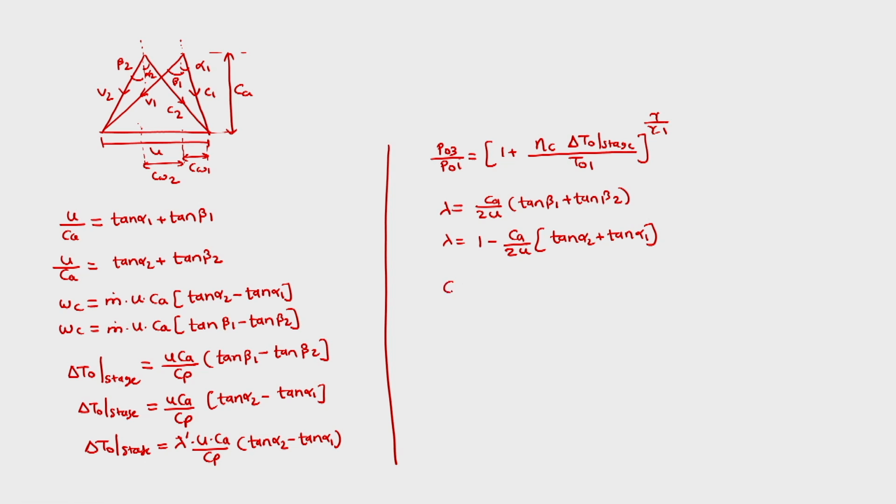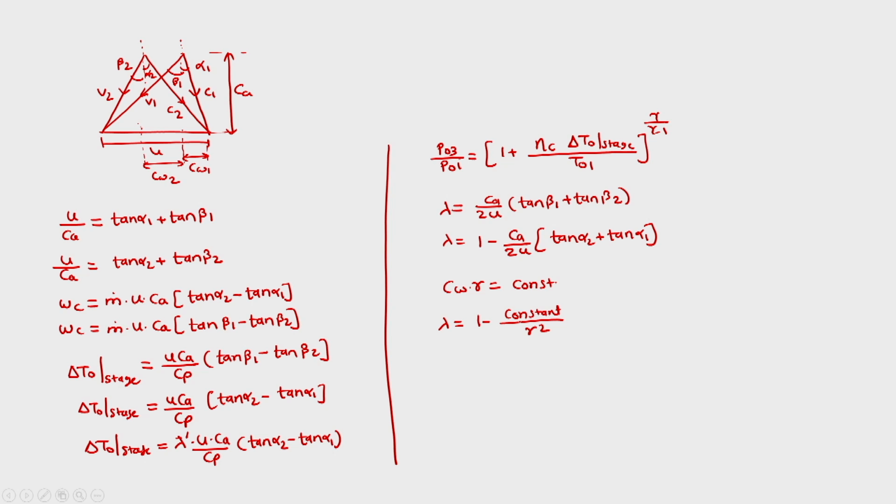Free vortex theory says that CW into R is equal to constant, and as per that theory we have degree of reaction equal to 1 minus constant divided by R square.